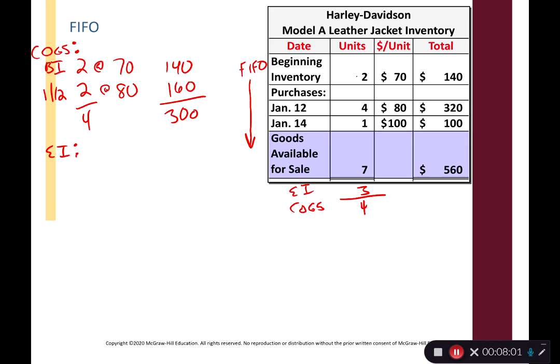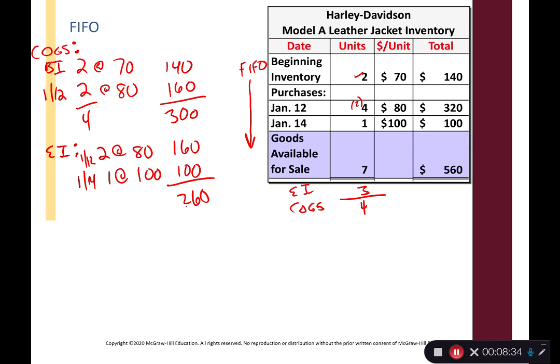So if I know I used the entire top group and I used 2 out of that second group, ending inventory is going to be 2 from the second group at 80, so that's from January 12th, and then the 1 from the January 14th group at 100. So that's going to be 160 and 100 for a total of 260 for my ending inventory.